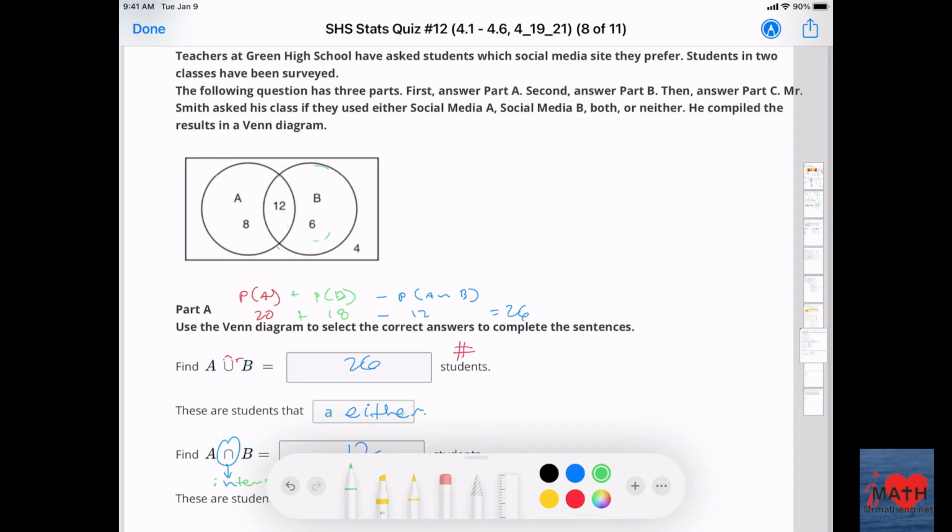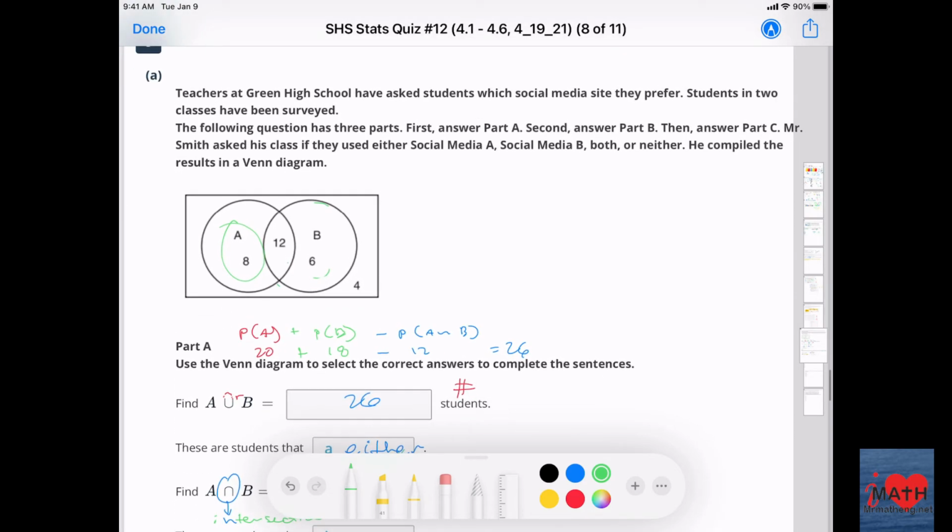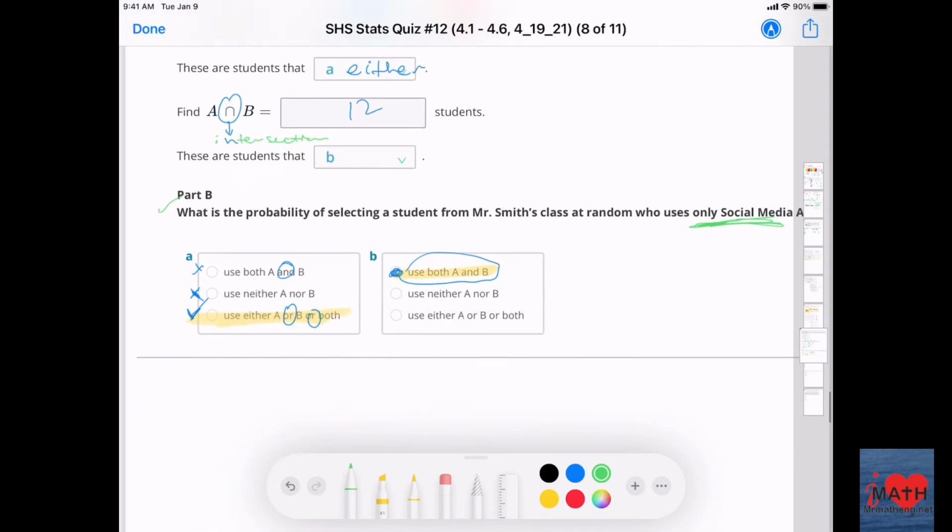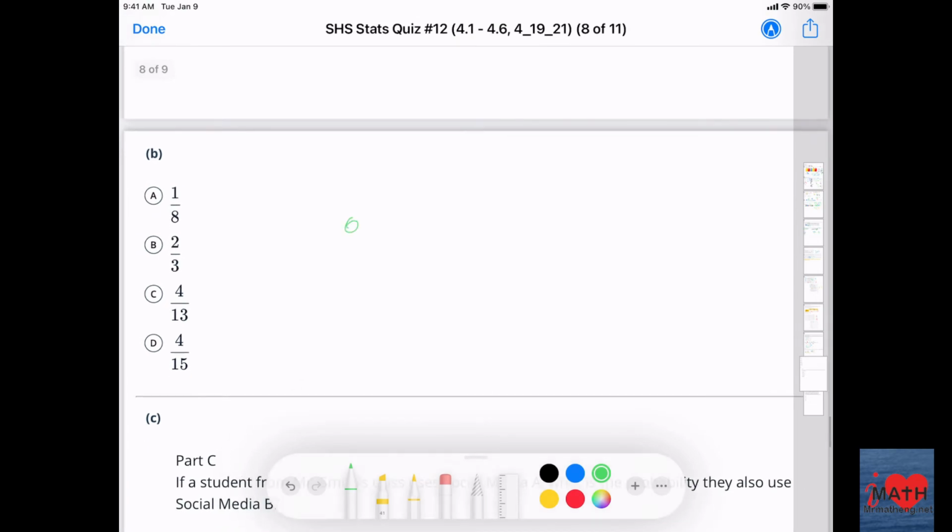Okay, this is the only A, right? And how many students are there? Well, you can just add them all up. You have 20, 30. So 8 out of 30, 4 out of 15, which is choice D.